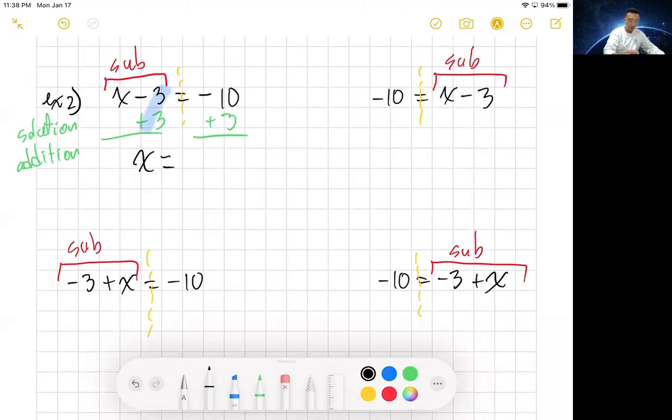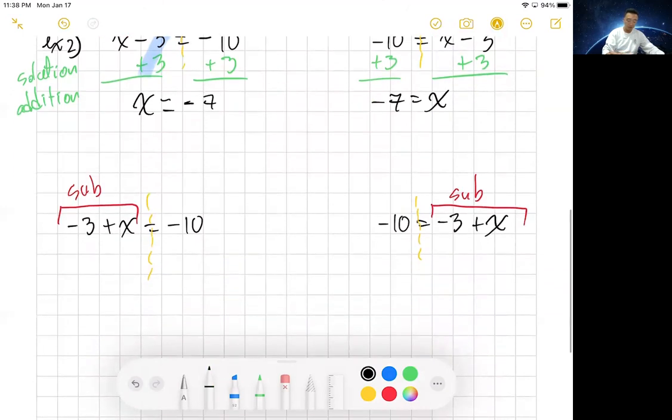That's how I get 0. But over here, -10 plus 3 gives you -7. So make sure that you do the adding and subtracting of integers correctly. I'm going to add 3 here. I'm going to add 3 there. And x equals -7.